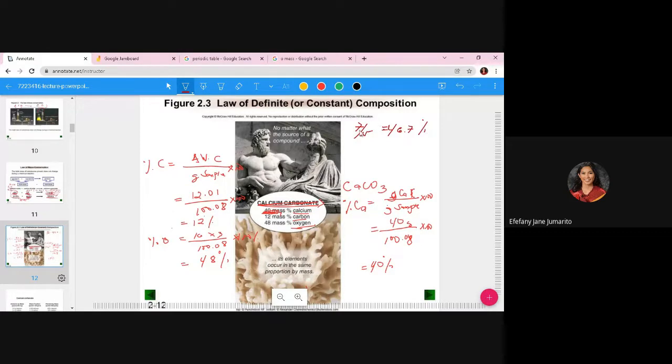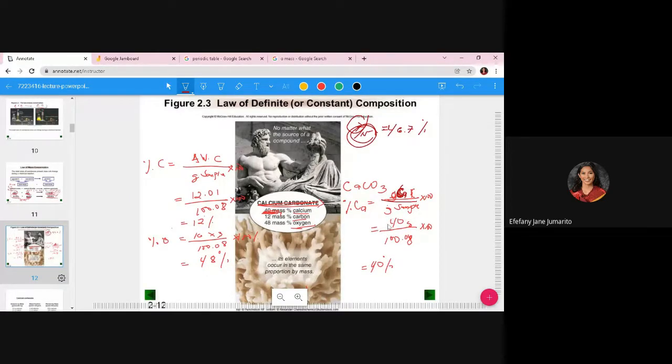So we get percent from your score and the total perfect score. Here also, in getting calcium, the percent calcium is the mass of the calcium over the total mass of the sample, times 100%.